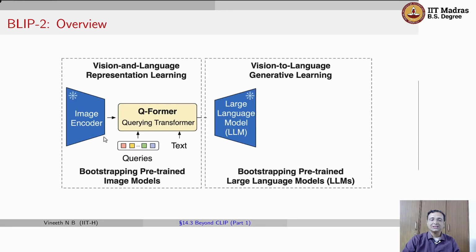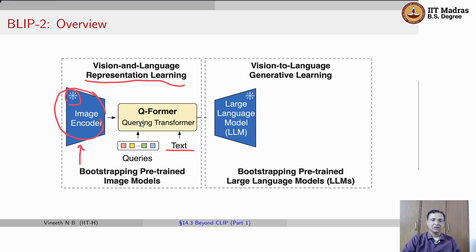Just to show you how this works, the vision language representation learning module is given an image and the text, and gives the image to a frozen image encoder. This icon here denotes that that module is frozen. Now the output of the image encoder is given to a Q-Former.